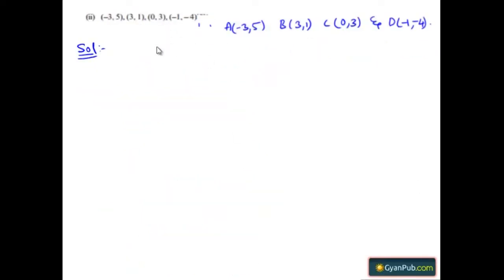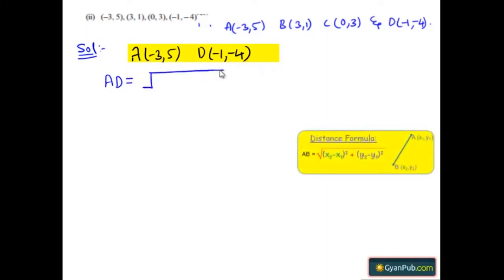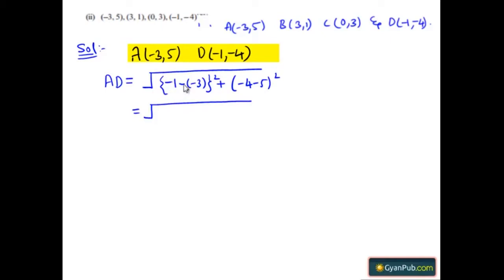Now taking the points A (-3, 5) and D (-1, -4), we get length AD by the distance formula equals the square root of (-1 minus of -3) whole square plus (-4 - 5) whole square, which is equal to the square root of (-1 minus of -3) whole square is (-1 plus 3) whole square, which is nothing but 2 square, plus (-4 - 5) whole square is -9 square.